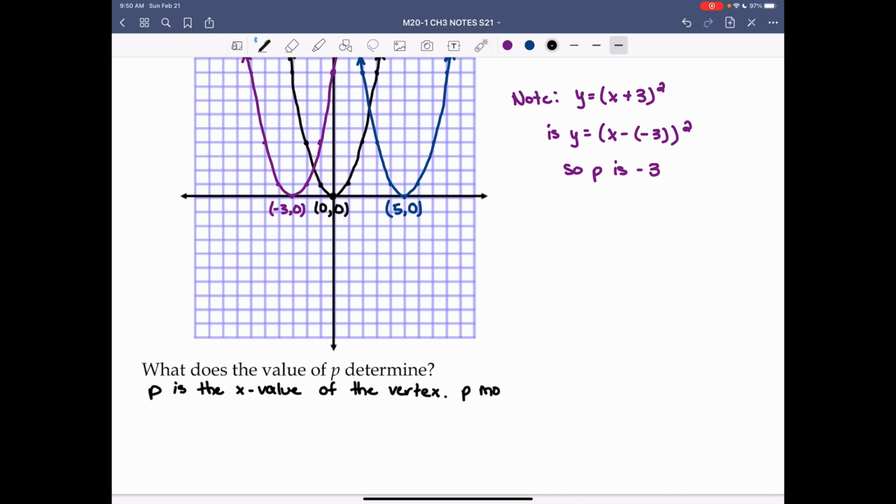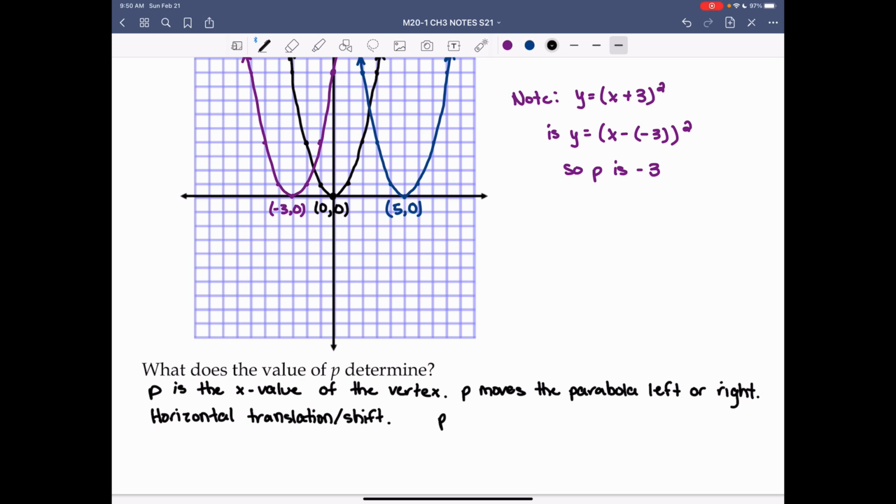He moves the parabola left or right. This is called horizontal translation, or shift, which again you'll learn a lot about in Math 30-1.